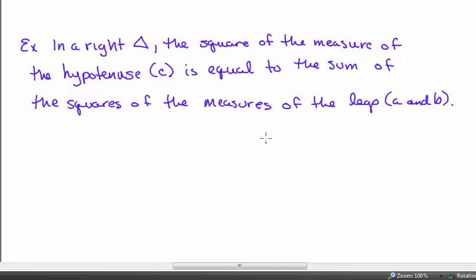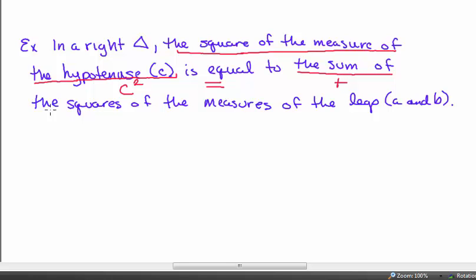Now, you probably know this theorem, the Pythagorean theorem, and when Pythagoras first came up with the theorem, algebra didn't exist. He didn't write it the way we're used to seeing it. It was actually written out in a sentence just like this. And then later, somebody took this sentence and translated it into algebra, which is exactly what we're going to do here. So the square of the measure of the hypotenuse, c squared, is equal to the sum, that tells me to add, the squares of the measures of the legs.